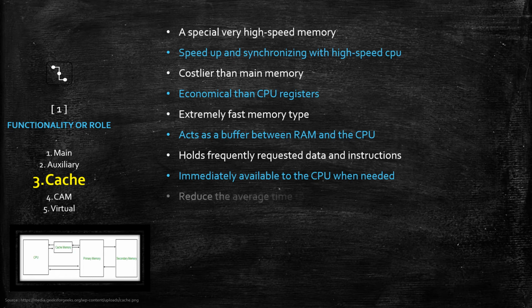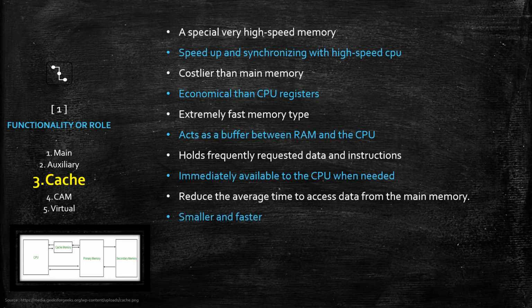This cache memory is normally used to reduce the average time to access data from the main memory, because ultimately the function of a buffer is to reduce the average access time, as it has a shorter distance, right? The cache is very small in size, but it is very fast.